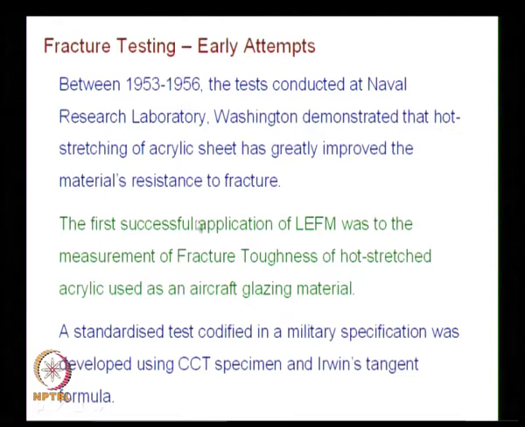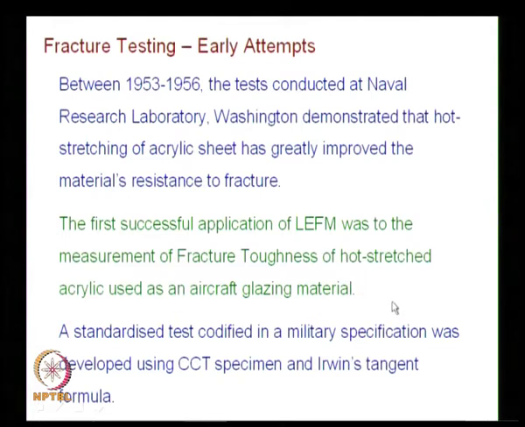And I had mentioned when we were discussing the stress intensity factor for variety of specimens, the center cracked tension specimen was used for fracture toughness testing. And I also mentioned that Irwin's tangent formula was used to theoretically calculate the stress intensity factor, and this was used to find the fracture toughness for the acrylic sheet.